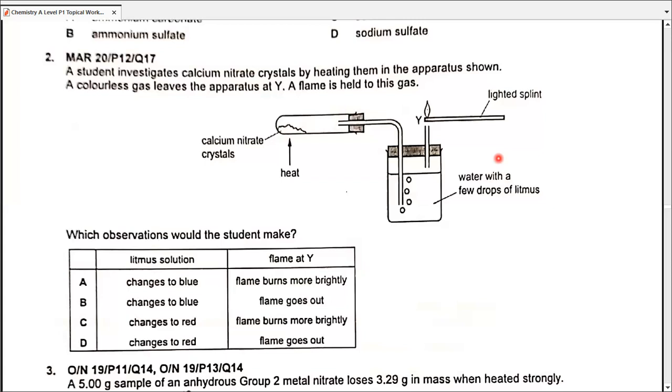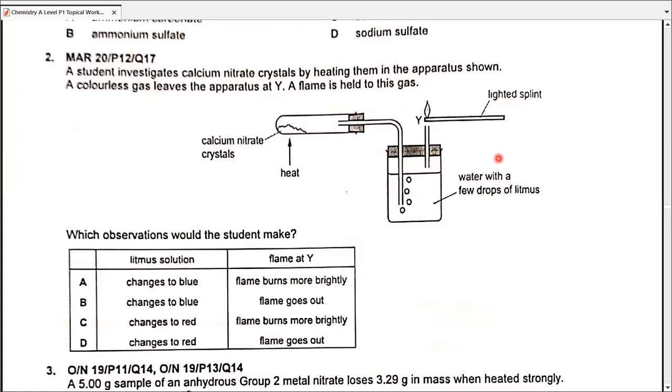Litmus solution, lighted splint. Calcium oxide changes to blue. Flame burns more brightly. A.